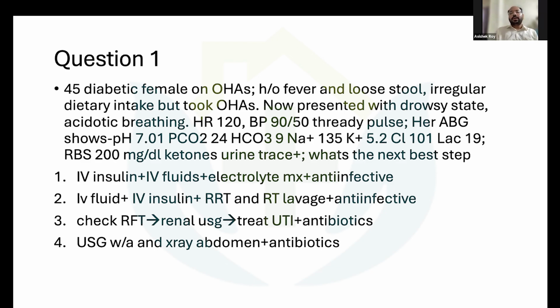What is the next best step of management? Would you go for IV insulin, IV fluids, electrolyte management, and anti-infective measures? Or renal replacement therapy, RT lavage, and anti-infective measures? Or a renal function test, renal ultrasound, look for pyelonephritis and treat with antibiotics? Or ultrasound abdomen and X-ray abdomen and give antibiotics?